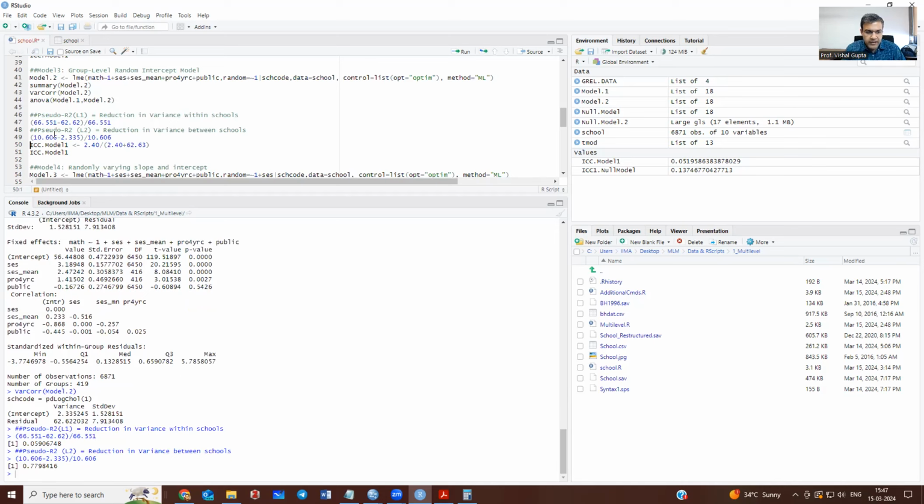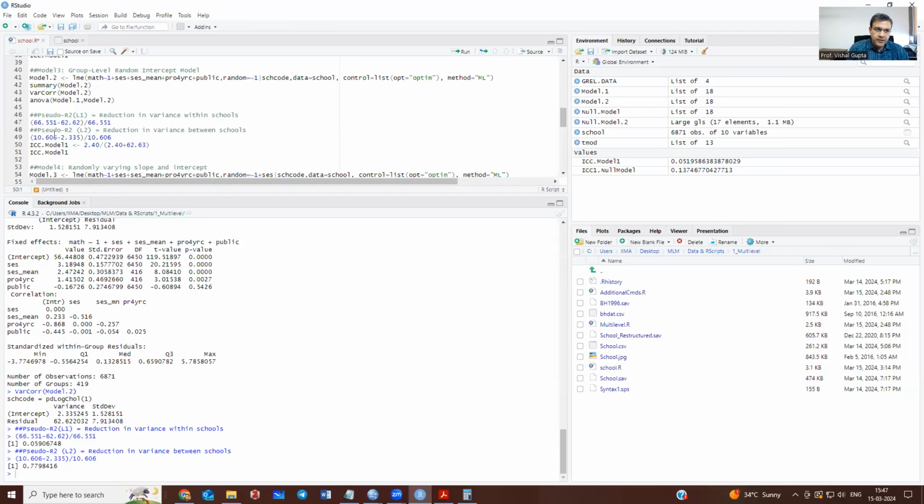What do we get? 77.9% variance reduction we have been able to achieve. The remaining is still unexplained. That means there could be some other variables that may be at play, but we have been able to explain this much.